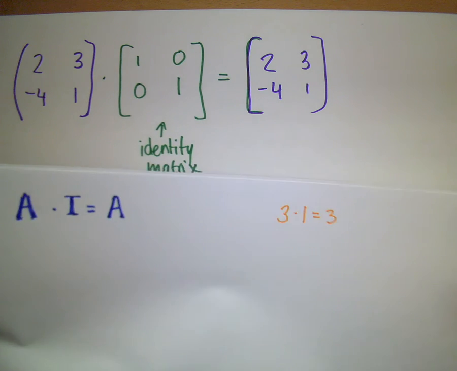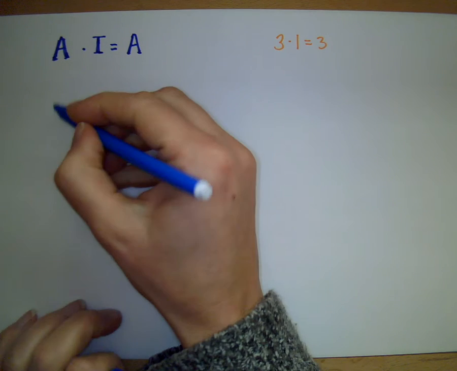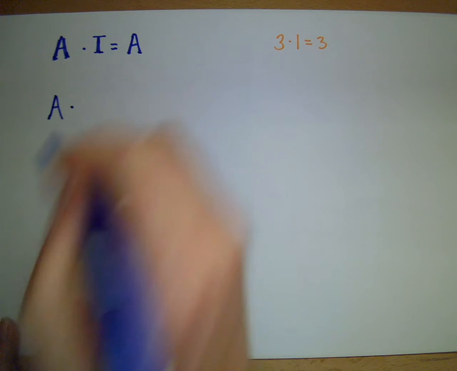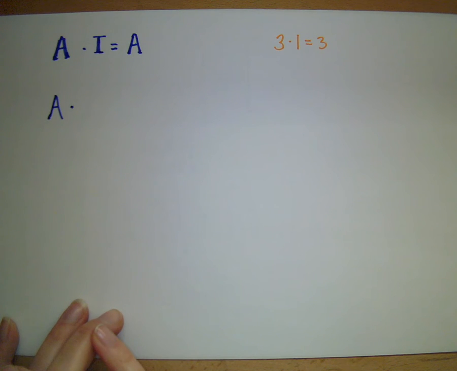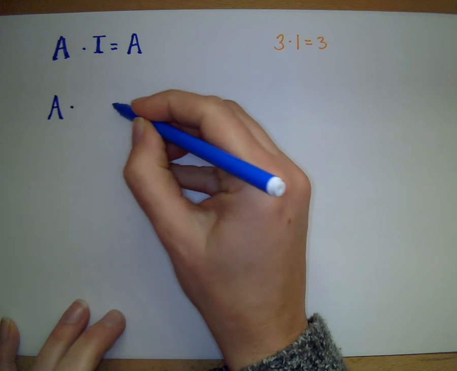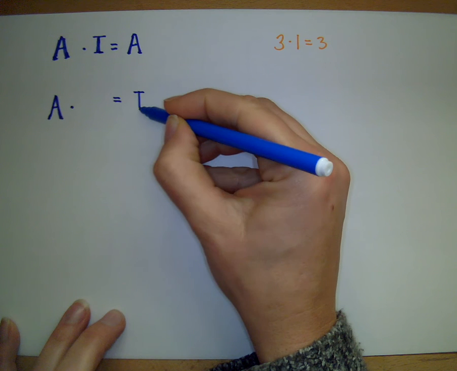What if we have the same matrix A, and we want to multiply it by another matrix, and we want our result to be the identity matrix?